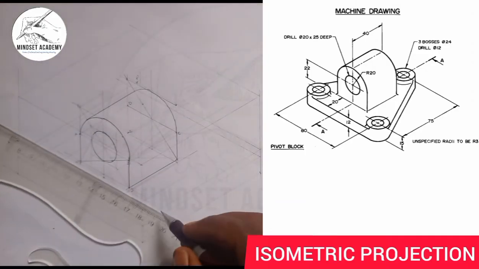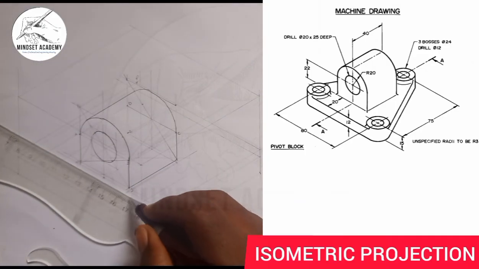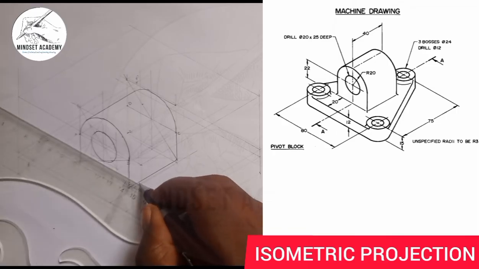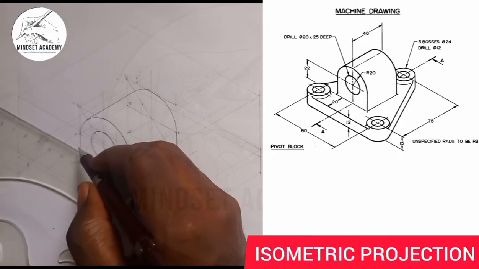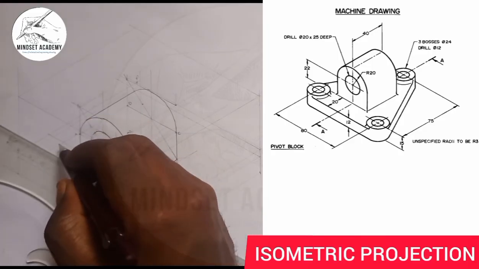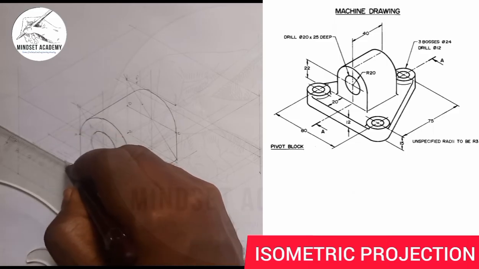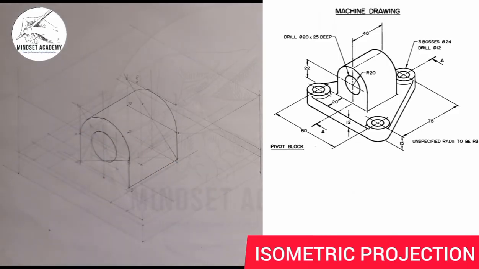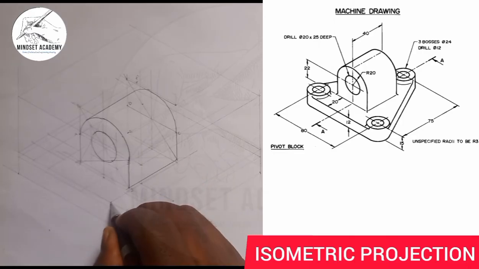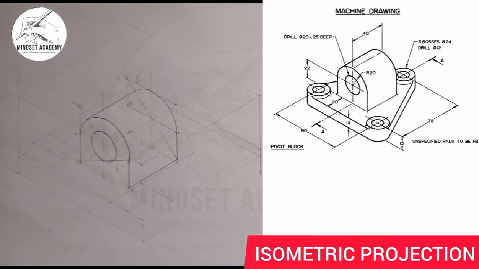So close here, close here. So I've actually formed this box, as you can see here, right? And I'm taking it down also, because if you look at it, it is going down this way.